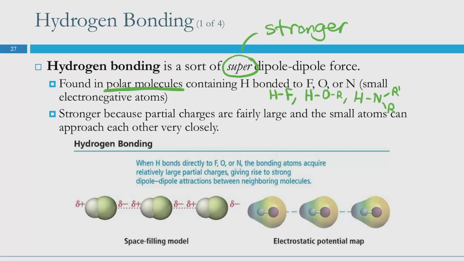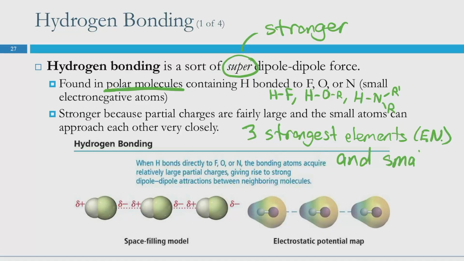And next in line, after oxygen, nitrogen. So these are our three most electronegative elements. And crucially, they are also small. Small because they're in our n equals 2 row. They don't have access to as big of orbitals.